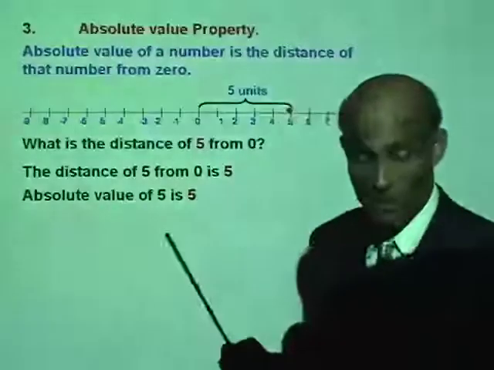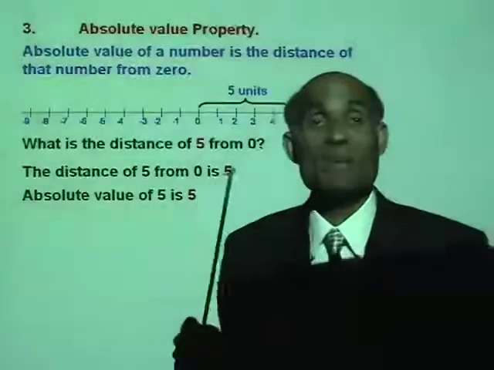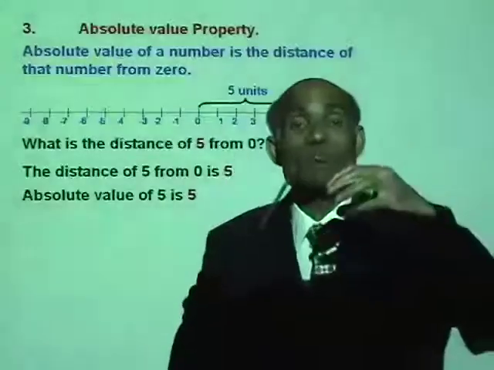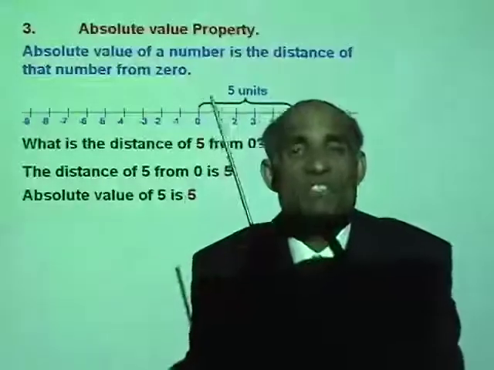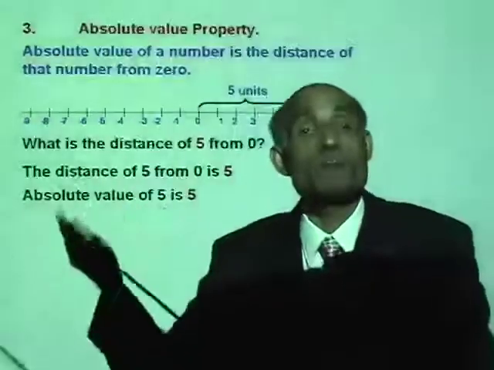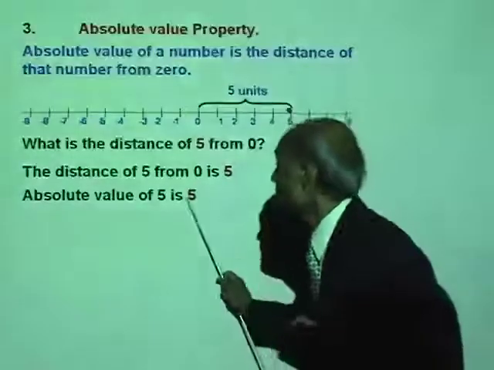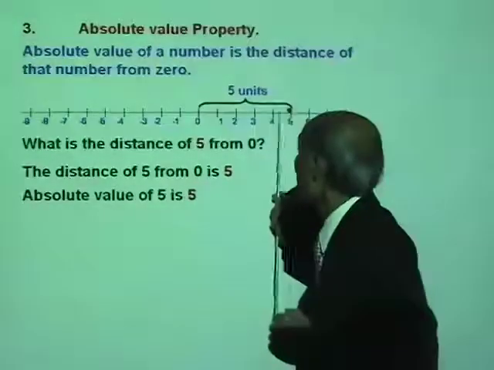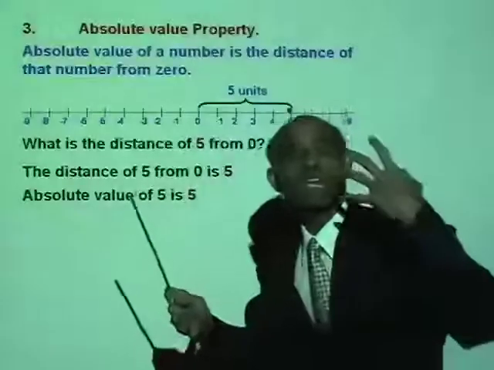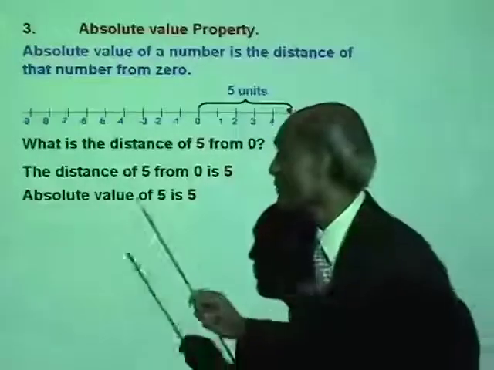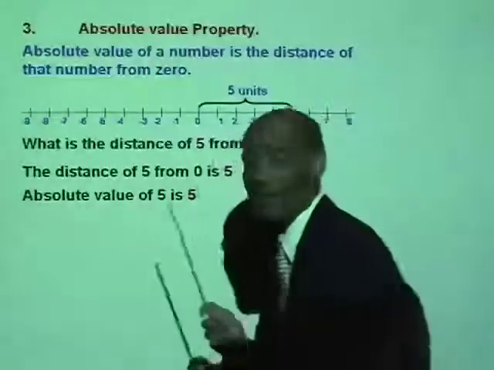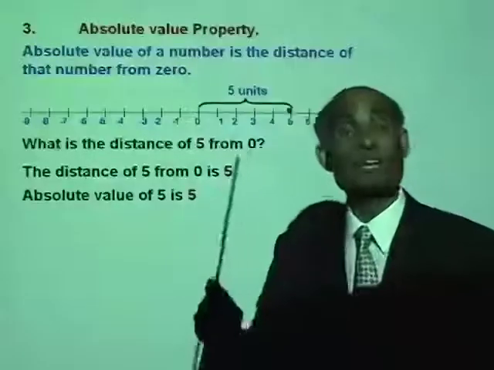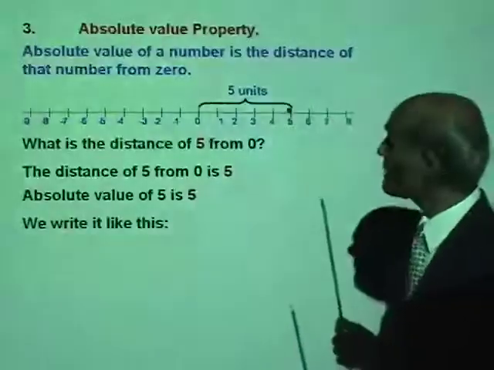You see? What is the meaning of absolute value of a number? Absolute value of a number is the distance of that number from 0. The distance of the number 5 from 0 is 5. Therefore, we say absolute value of 5 is 5. And look at the way we write it.